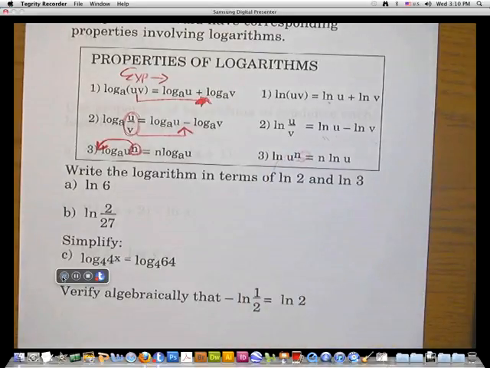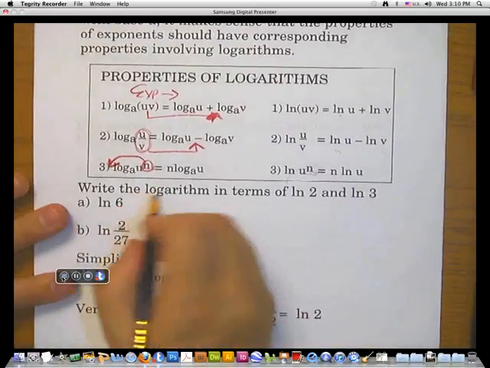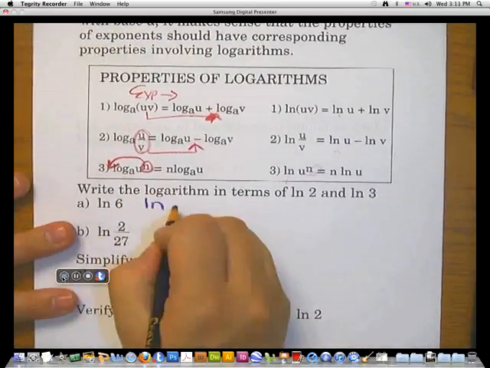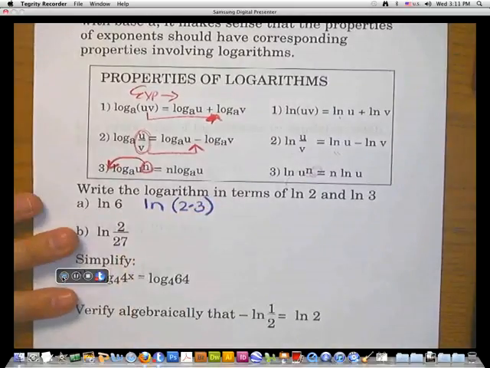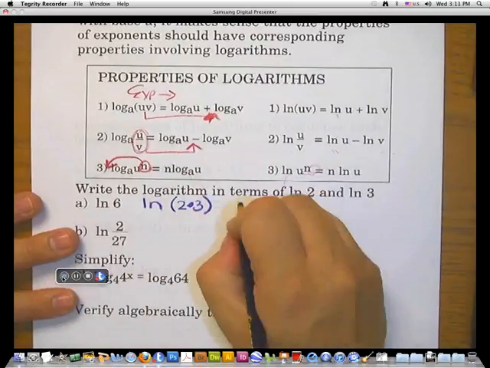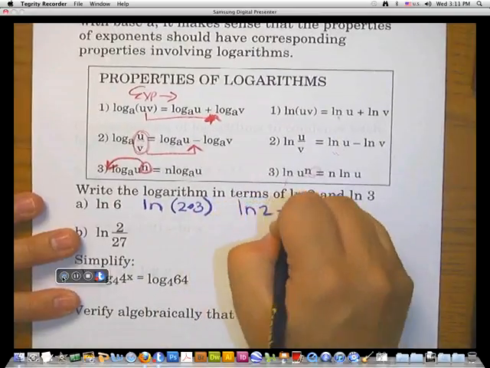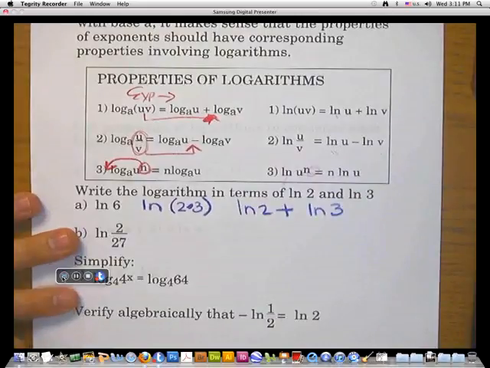So here I have: write the logarithm in terms of natural log of 2 and natural log of 3. So what I'd want to do is replace 6 with 2 and 3. Well, the only way 6 is 2 and 3 is if it's 2 times 3.